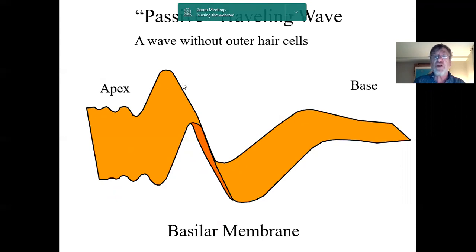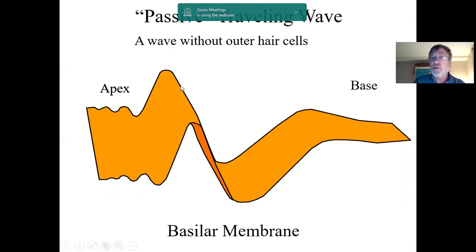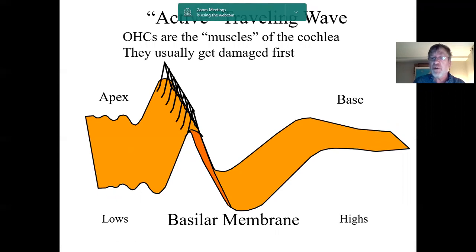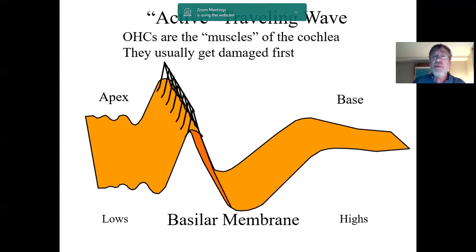You haven't got the sharp fine tuning of the action of the outer hair cells, which does this. So now this person can distinguish between frequencies very close together, whereas this person cannot. So this person has better frequency resolution than this person has. That's what's meant by increased frequency resolution. And it plays a big part in hearing aids, because what's the biggest complaint of hearing aids?